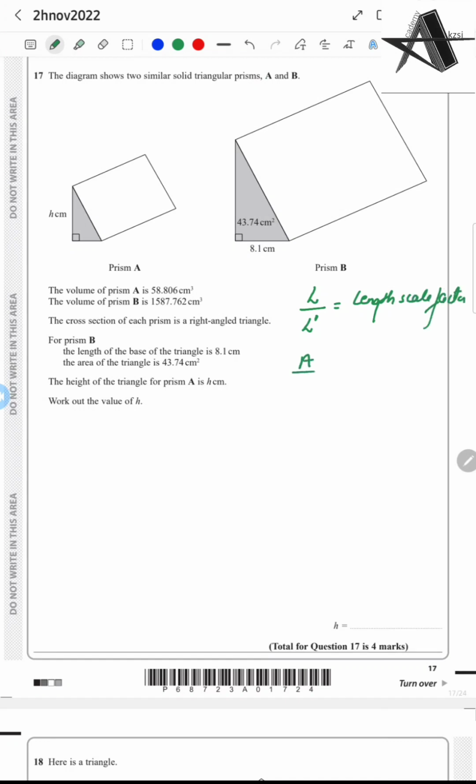Area over the corresponding area, that means the area of another similar figure, is equal to the area scale factor, and volume over V dash is the volume scale factor.